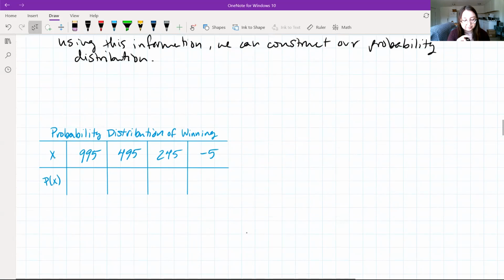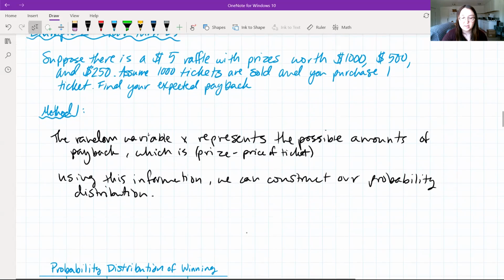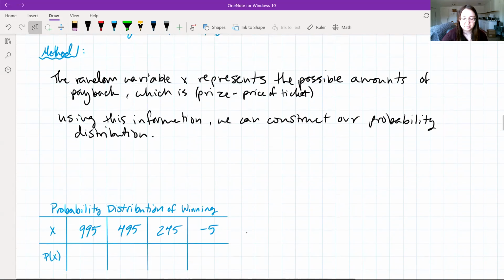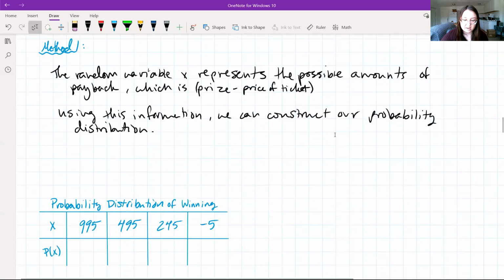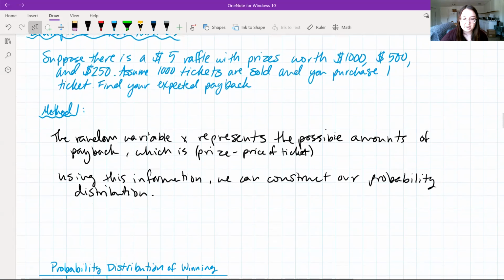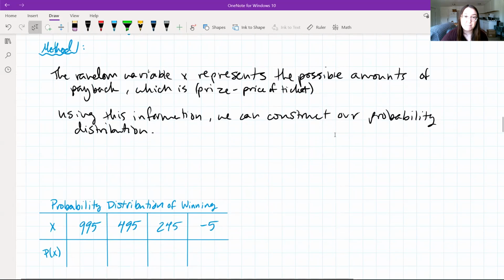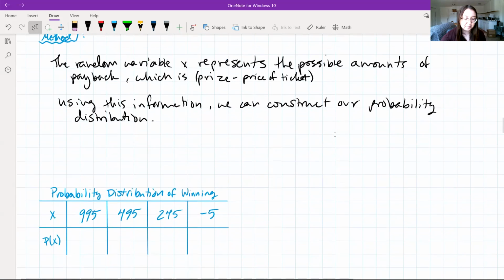All right, so we have this probability distribution of winning now. We have our values of x, which are going to be $995. That would be for the $1,000 prize, so we say $1,000 minus 5. Then we have $495, which is $500 minus $5.